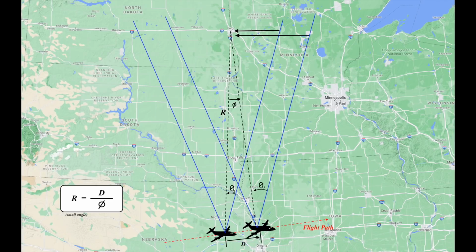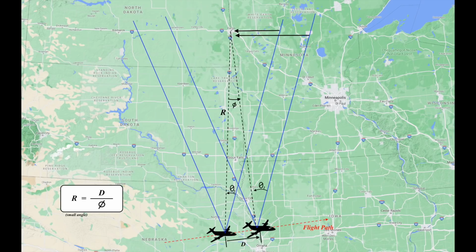Now we can also get the baseline distance d at the bottom, because we know the time difference between the photos and the flight velocity. So we get d, and then knowing the angle phi, which is really theta 1 minus theta 2, okay, we can calculate the range r, and that's a slant range.